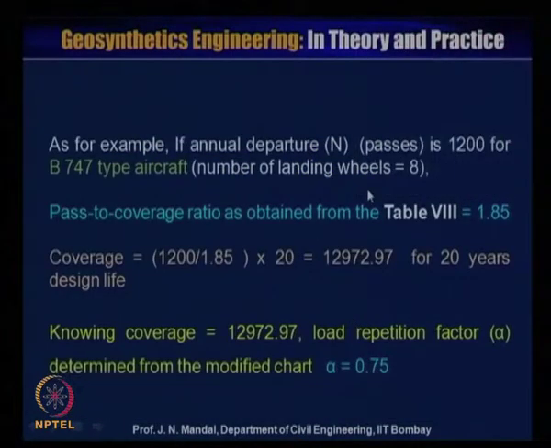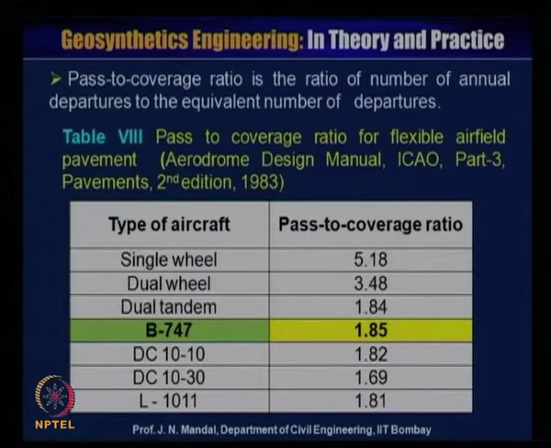So, as for example, if the annual departure in passes is 1200 for B747 type aircraft, the number of the landing wheel is 8. So, the pass to coverage ratio as obtained from this earlier table is 1.85.